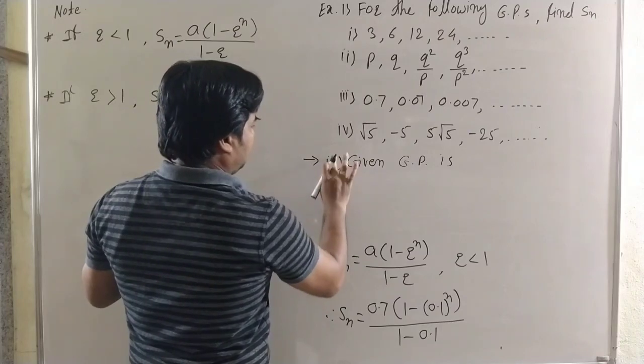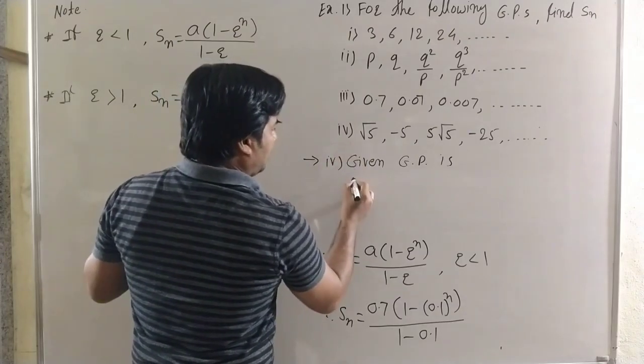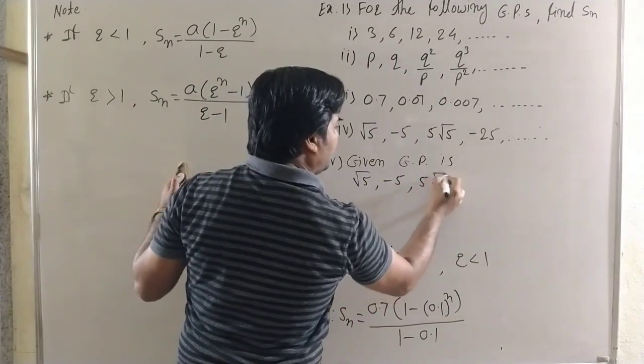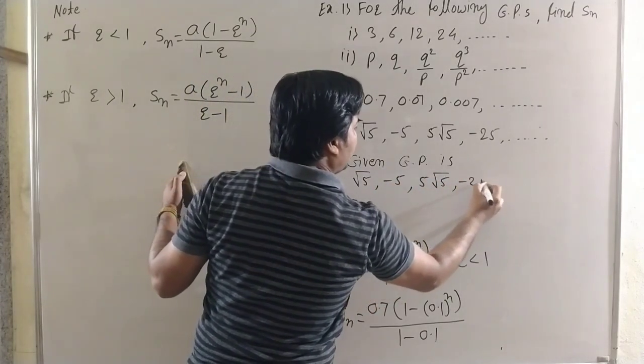Here the terms are under root 5, minus 5, 5 into under root 5, minus 25.